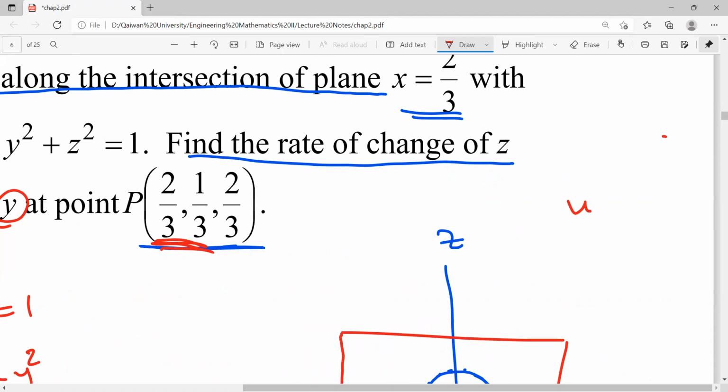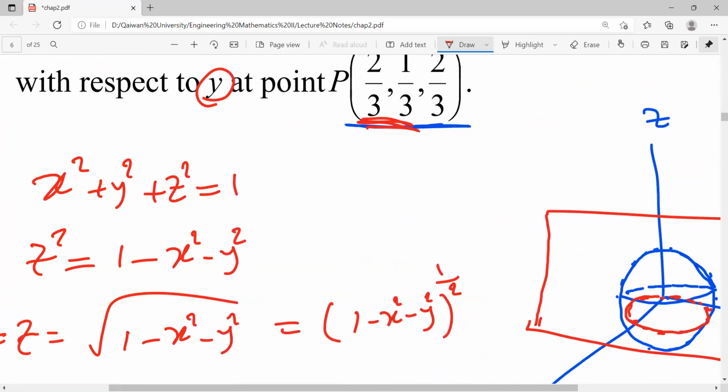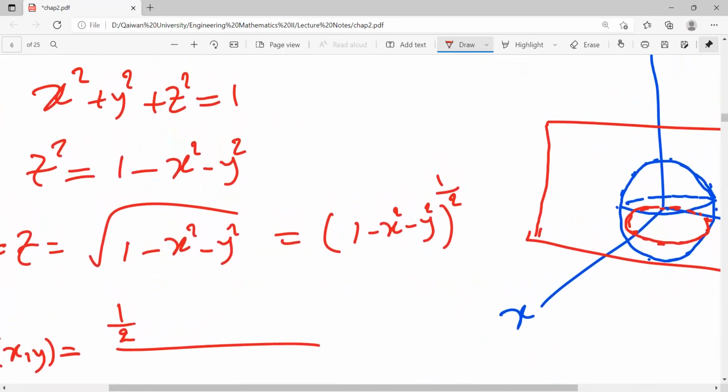If we have u to the power n, when u is a function, its derivative is n times u to the power n minus 1 times u prime, the derivative of the inside. Here we use the same.